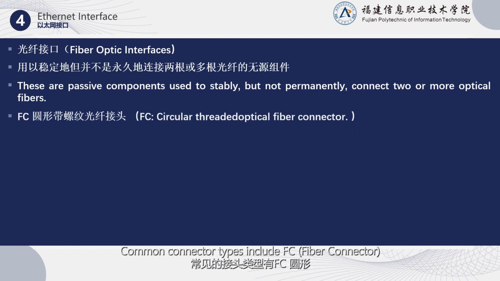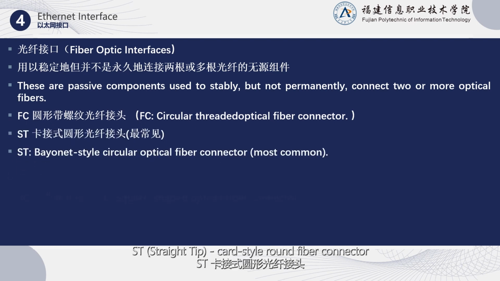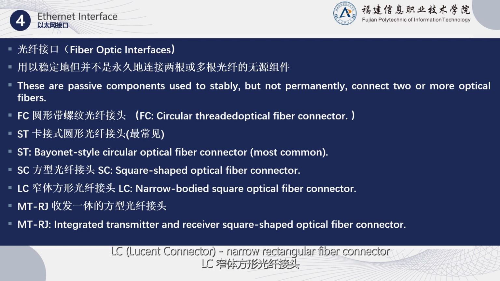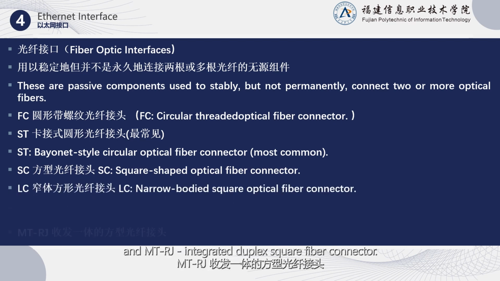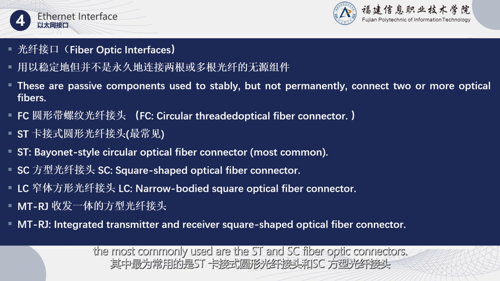Common connector types include FC fiber connector, round with screw-threaded fiber connector, ST straight tip card-style round fiber connector, SC subscriber connector, square-shaped fiber connector, LC Lucent connector, narrow rectangular fiber connector, and MT-RJ integrated duplex square fiber connector. Among these, the most commonly used are the ST and SC fiber optic connectors.